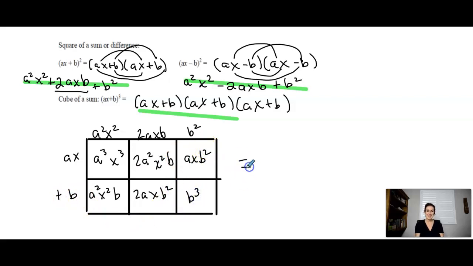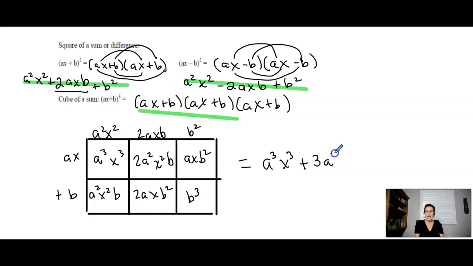I hope you went and tried that on your own. All right, so now what we do is we add like terms from the boxes. I only have one a cubed x cubed, so that's going to be by itself. The a squareds, x's are squareds, and the b's are the same. So you have 2 of those plus 1 of those is 3 of those, because now we're adding.